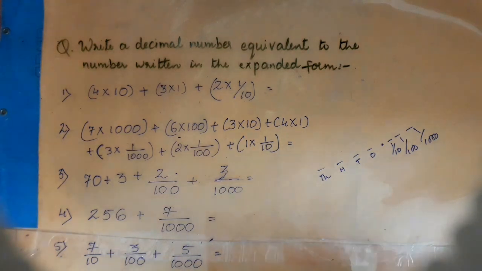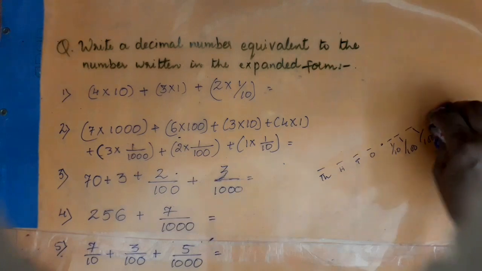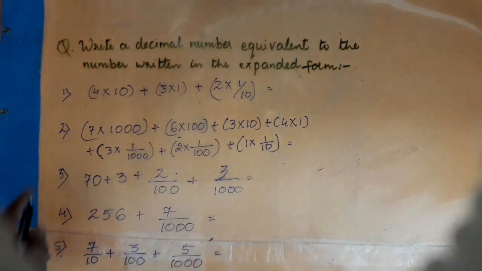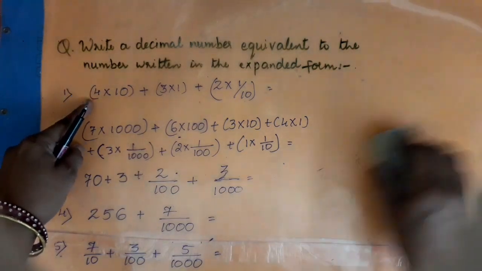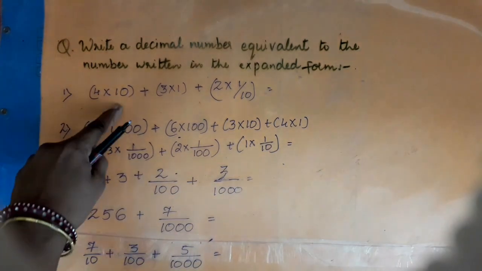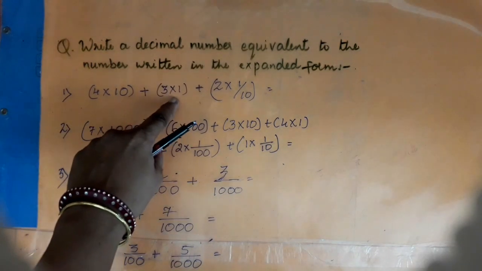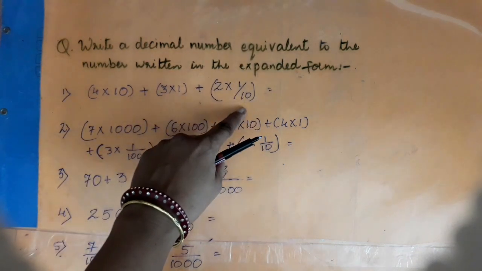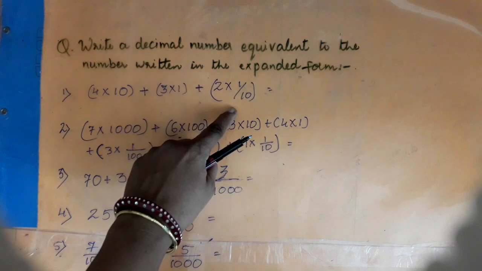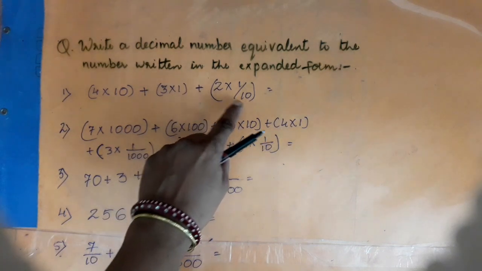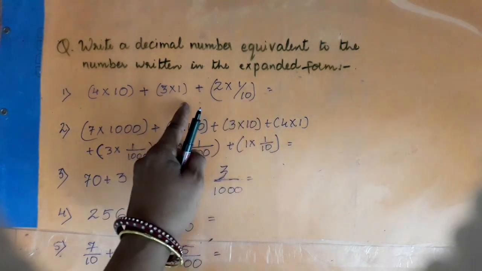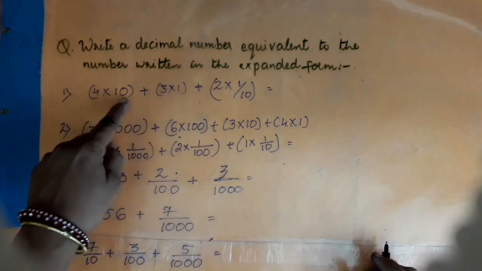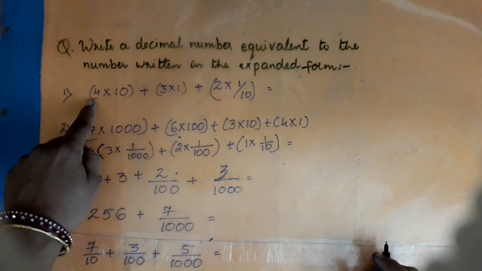So here we start. The first question is given as 4 into 10. So 4 into 10 becomes 40, plus 3 into 1, that is 3, and this is 2 into 1 upon 10, that is 2 upon 10. So this is the fractional part, this is the whole part. So 4 into 10, 4 is in which place?